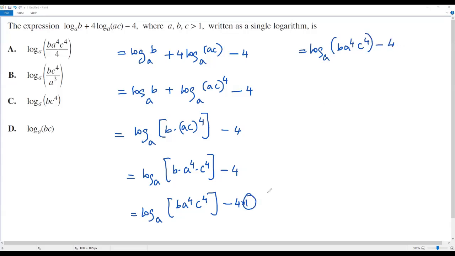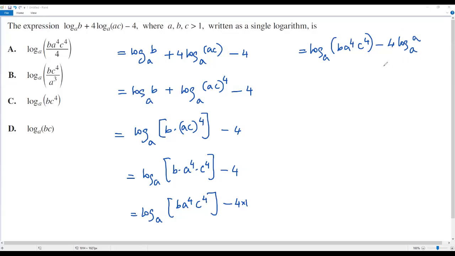Instead of this 1, I'm going to write a logarithm whose value is equal to 1. That can be done by writing log a to the base a, because in a logarithm, if the base and argument are equal, its value is 1.